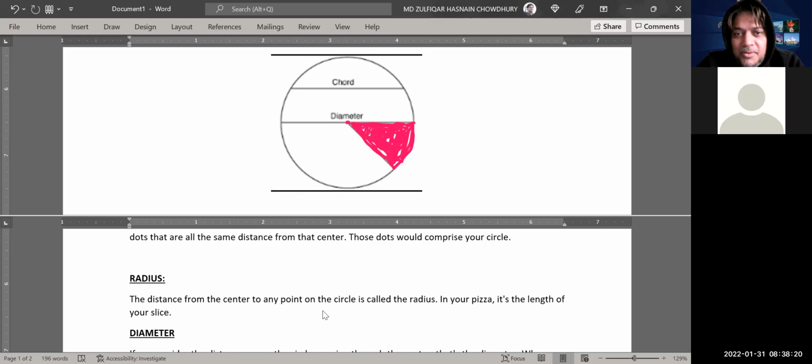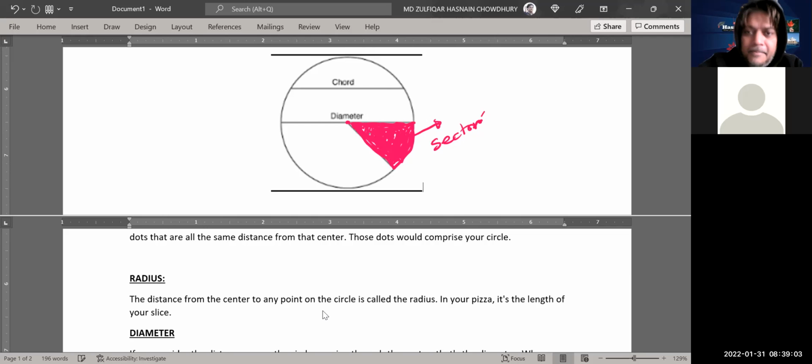What do you call a pizza slice in terms of geometry? I'm not sure if it has a specific name. The whole slice, the red color. This slice in geometrical shape is known as a sector.